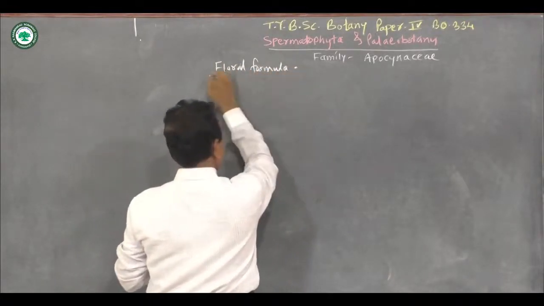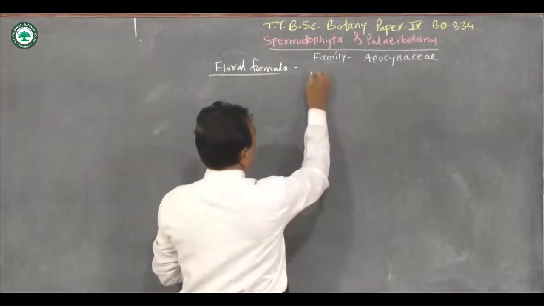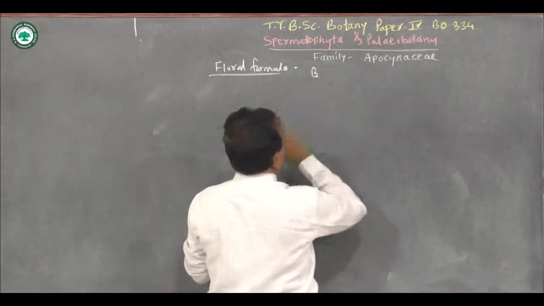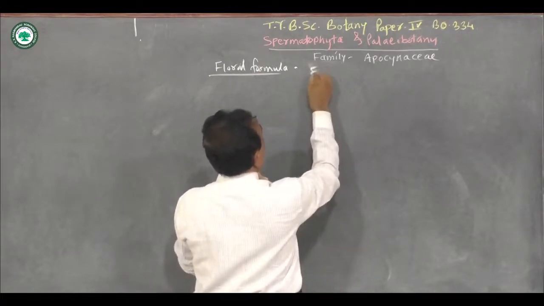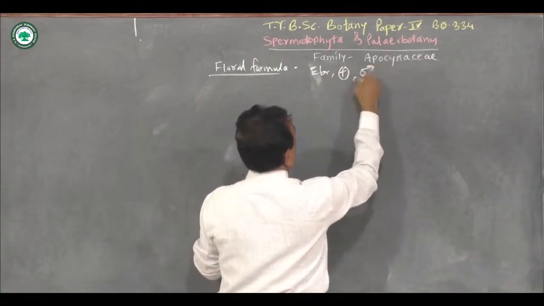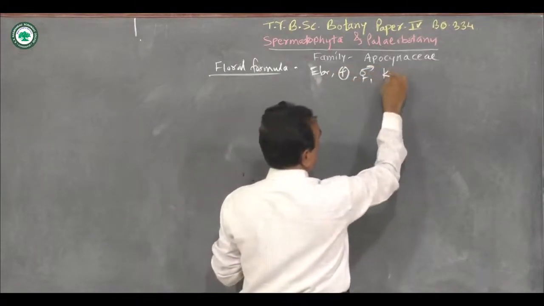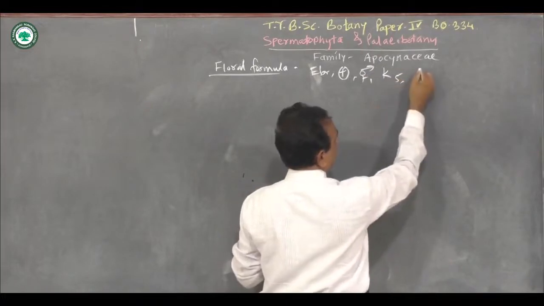Floral formula. So here flowers, they are ebracteate, actinomorphic, bisexual, calyx, sepals 5. The sepals, they are free.